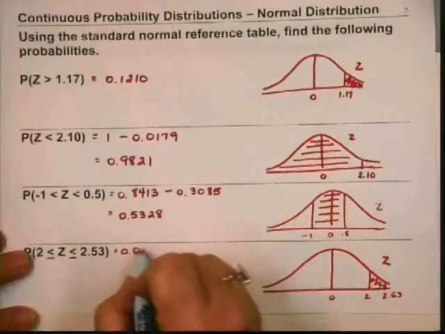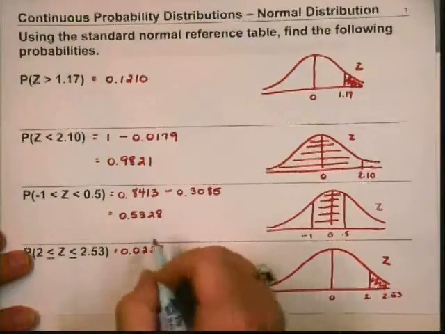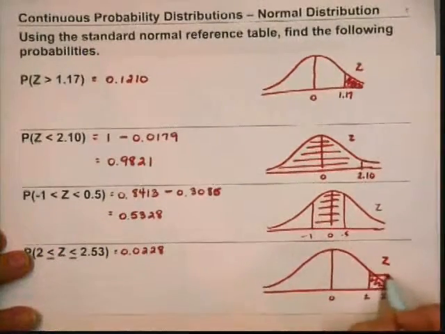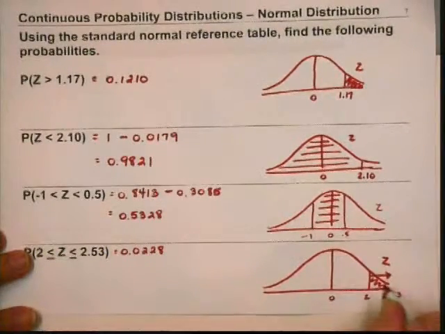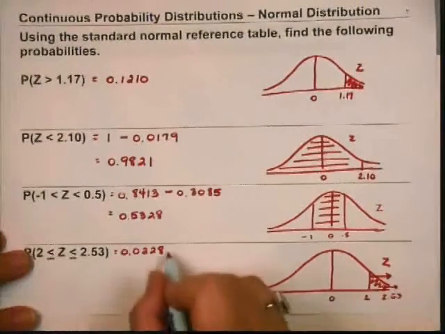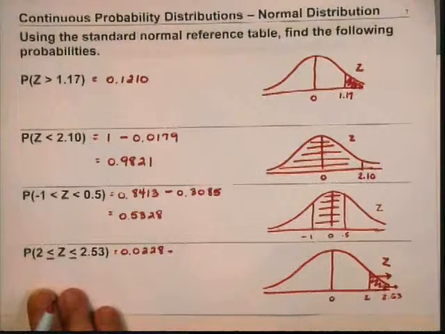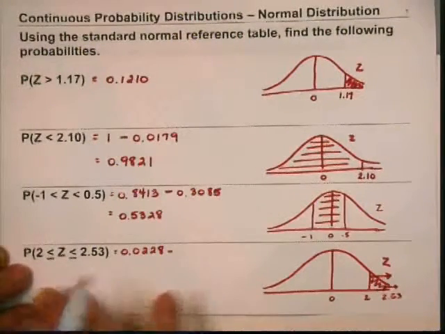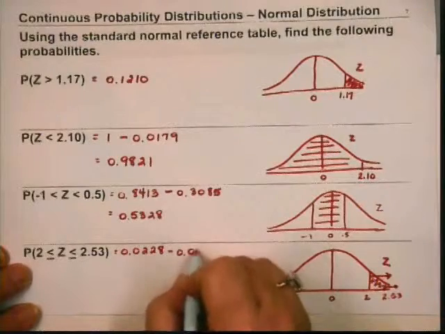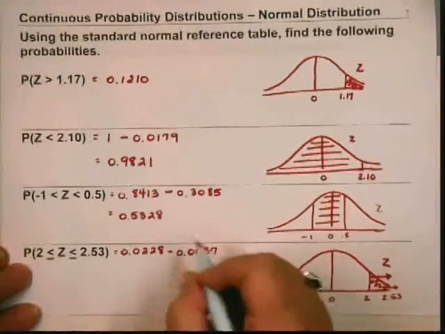At 0.0228 for this area, this direction, and then from here over, we're subtracting off 2.53. I misspoke. I said a difference of 0.03 is 0.53. I have 0.0057.